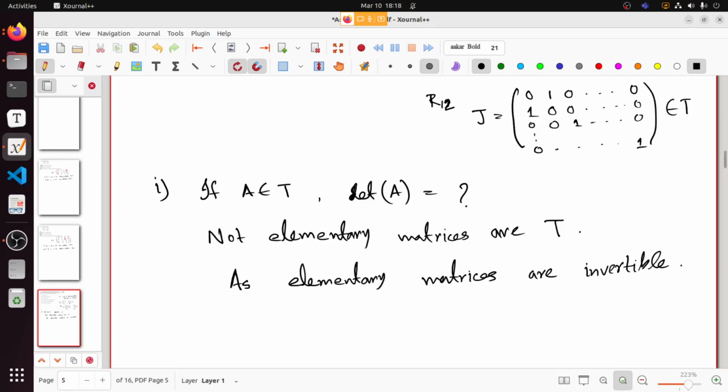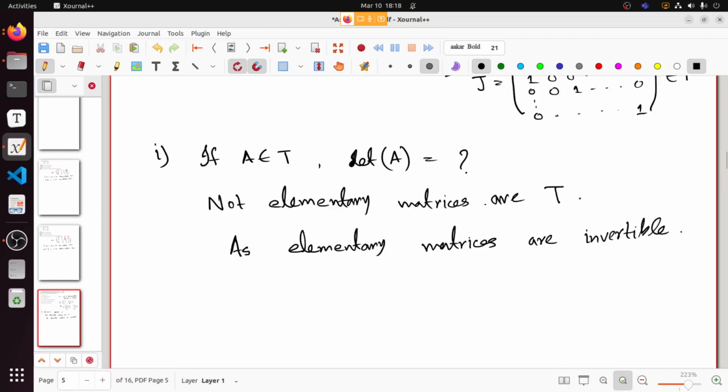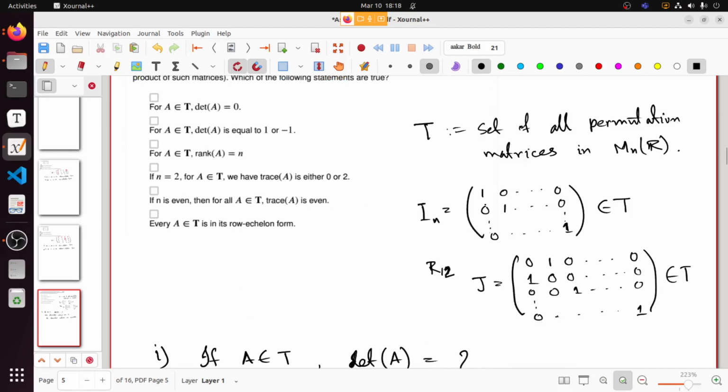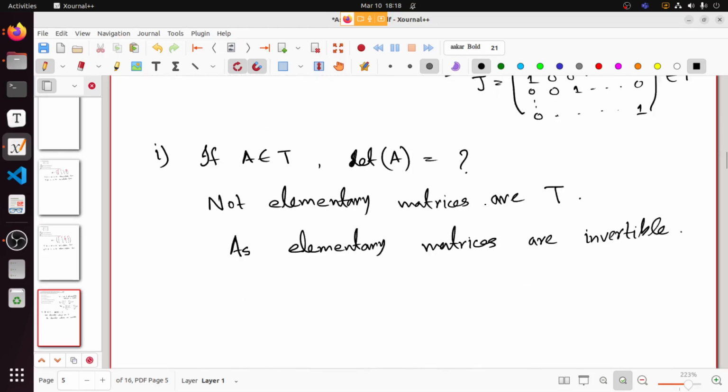So this implies, invertible means they are bijective, right? So the rank should be n, and there is an if and only if criterion, that determinant of A is non-zero if and only if A is invertible.